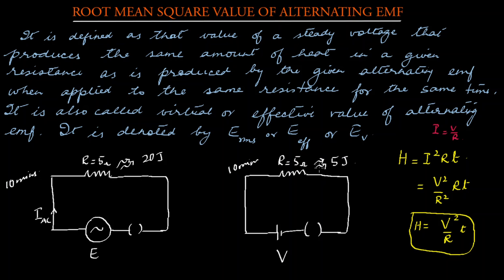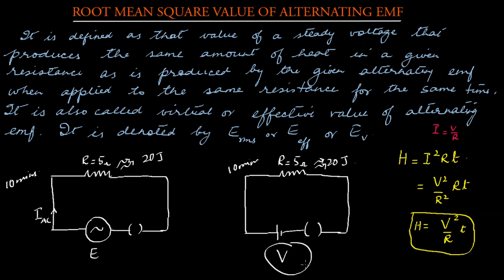We want the heat produced here to be the same as that produced by the alternating EMF, so we increase the steady voltage. Now the heat will be, let's say, 10 joules. Not sufficient. We increase it further, now it is 18 joules. We increase the voltage further, and now it is finally 20 joules.